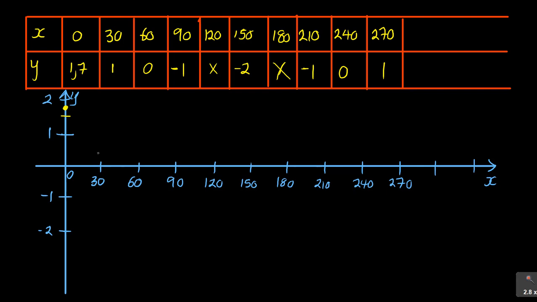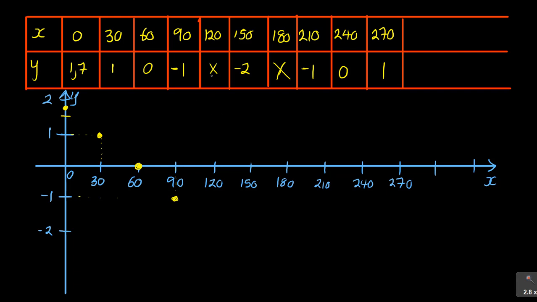And then 30 is 1, you can see there is a point there. And 60 is 0, so we have a point on that. 90 is -1, so if you look at that, they will meet at some point there.